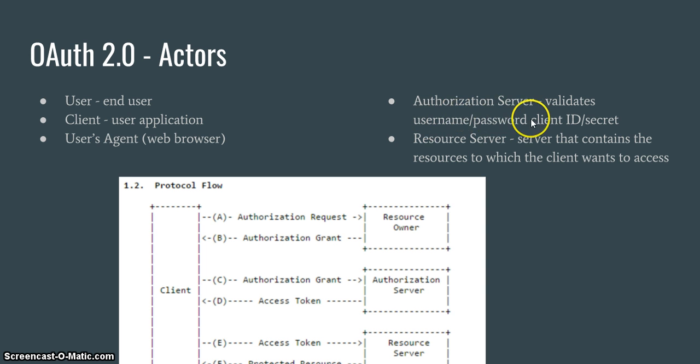They could be the same server, it could be two different servers, right? So one server could be validating the username and password, and then the other server could be validating the client ID and secret. And then you have the resource server, so the end user is granting access to the client application to consume resources on the resource server. So it's delegated access.